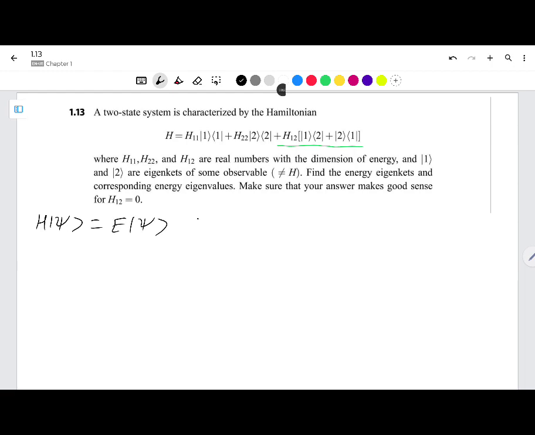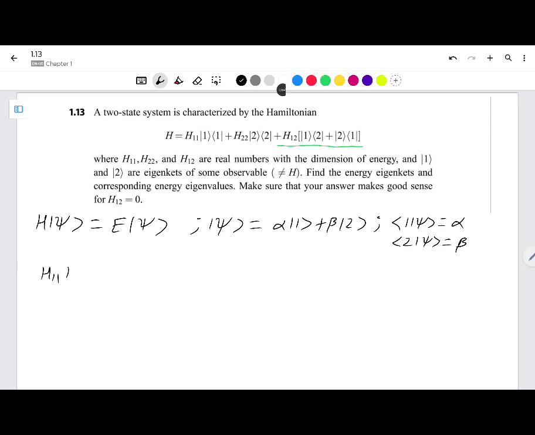Where we have identified psi as the linear combination of these two. Also, let's say this. So when H operates on psi, what do we have?